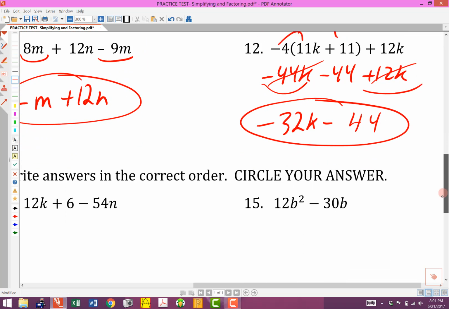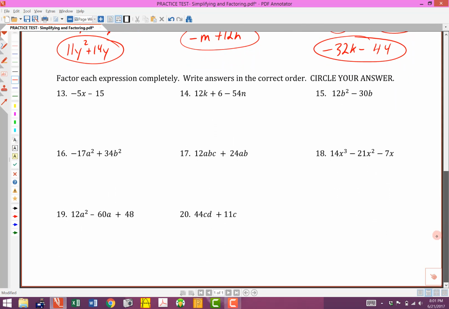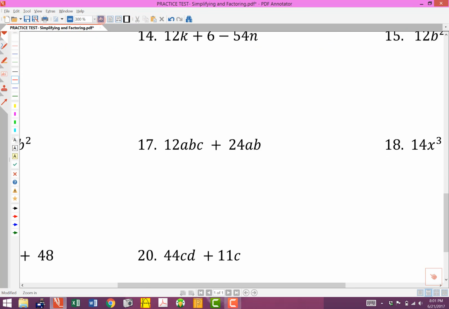Okay, now I'm going to go back to this screen size here, and let's take a look at the instructions on this one. This one says factor, so this is where we're trying to find the greatest common factor for each one of these, and you'll notice that this one's in the right order, but the leading sign is negative.